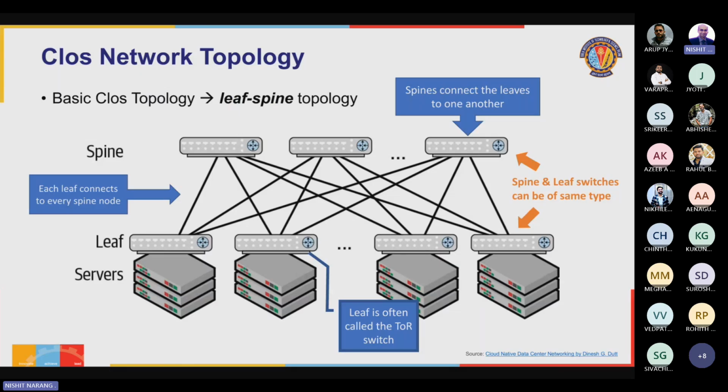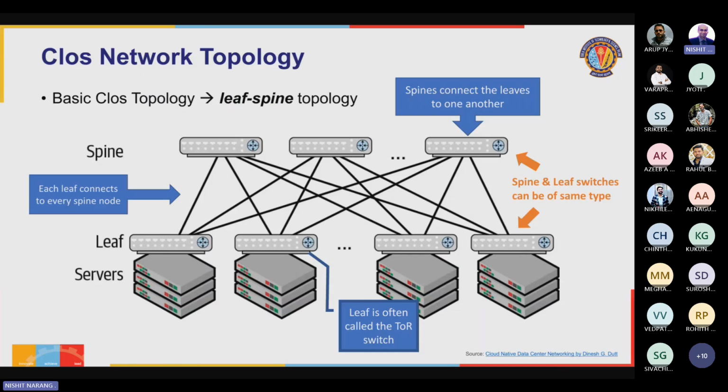So the spine is a set of switches which connects to the leaf switches and thereby enables connectivity between servers across multiple racks. So it's kind of a mesh architecture between leaf and spine switches, where the leaf and spine switches need not be of different types. They can all be of the same type of switches.